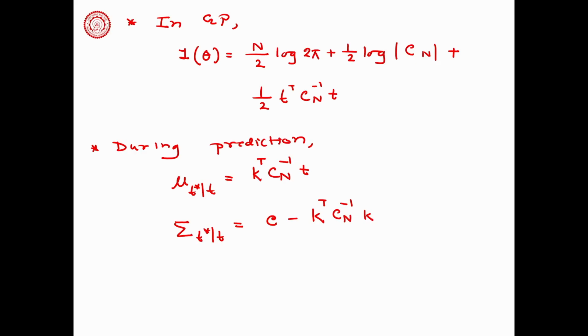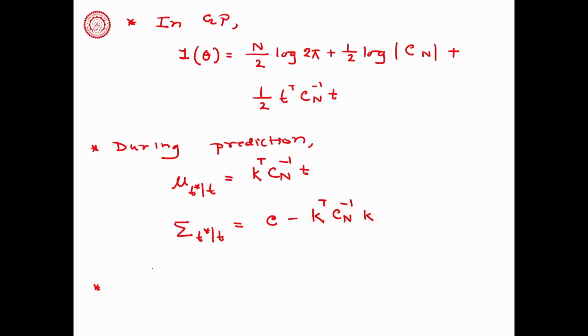So, the take home message or the bottom line from here is that you have to again and again invert Cn, right. So, Cn inverse is to be computed, okay.